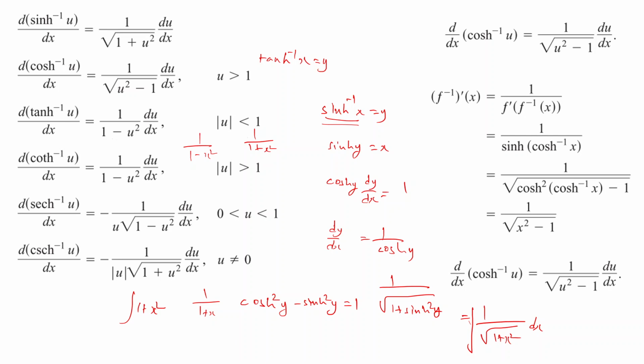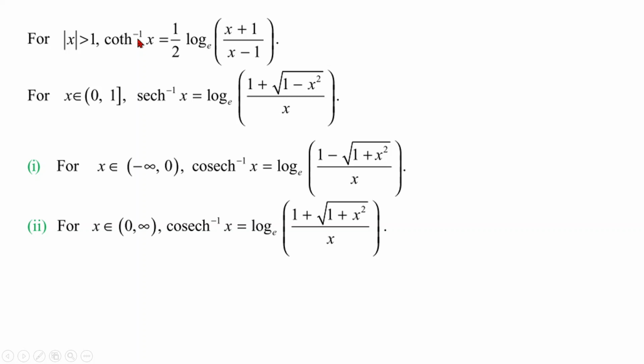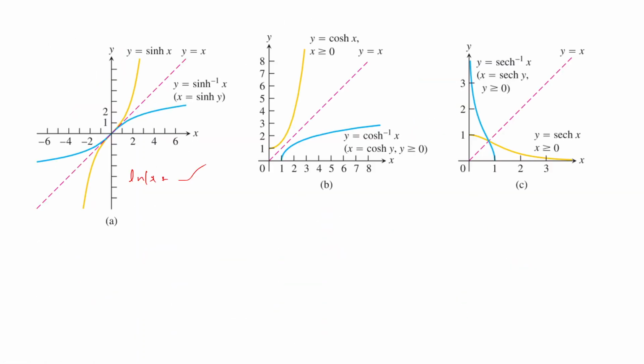For example, for sin h inverse we are getting a positive number, which is as per our expectation. For sin h inverse, the slope is always positive. For cos h inverse, the slope is always positive, so we should get a positive number. For secant h inverse, you should always get a negative number.